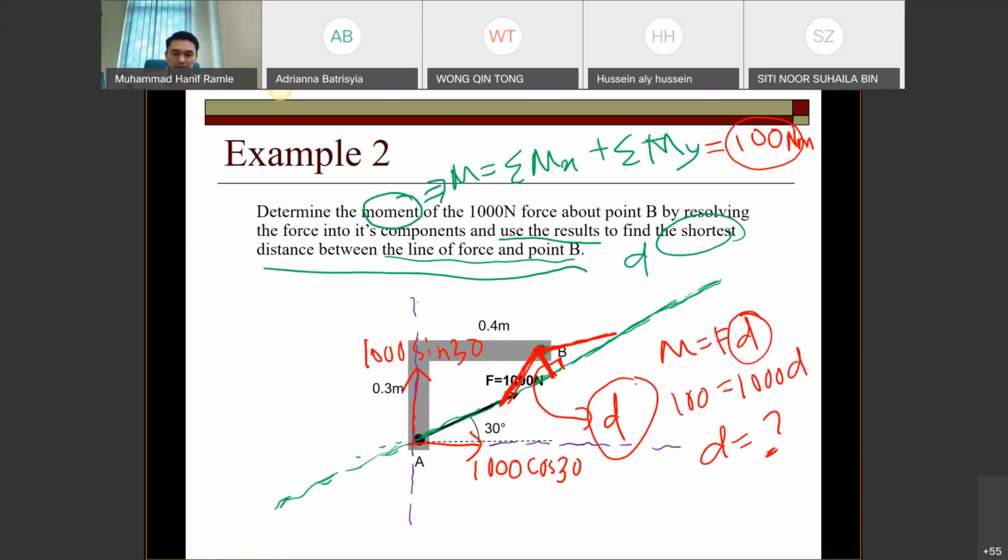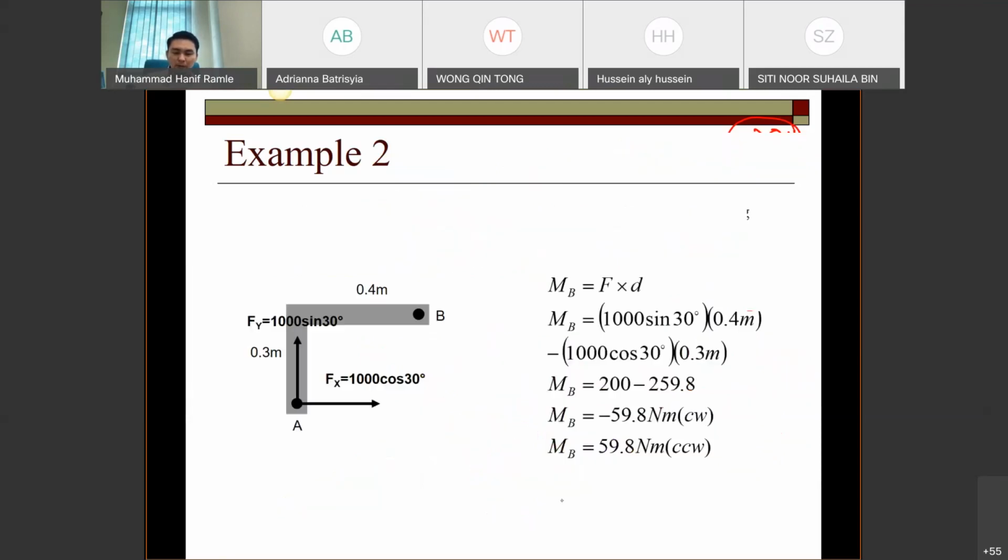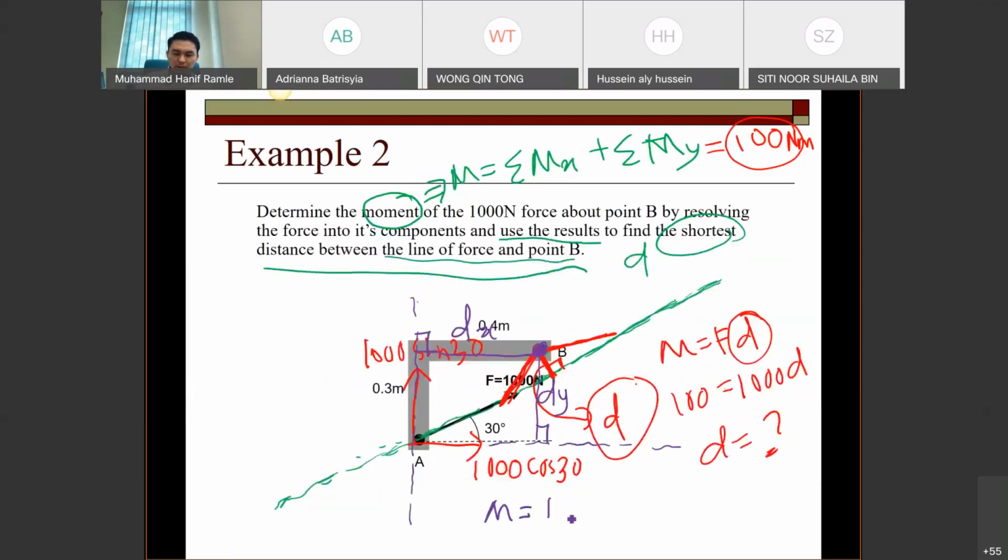So the point that we are calculating about is point B. The distance should be perpendicular. This is the distance, and the distance for the y component is this one, must also be perpendicular. Let's say I call it dx, and dy. So at the end of the day, you will calculate the moment: 1000 cos 30 times the distance dy, where dy is 0.3.